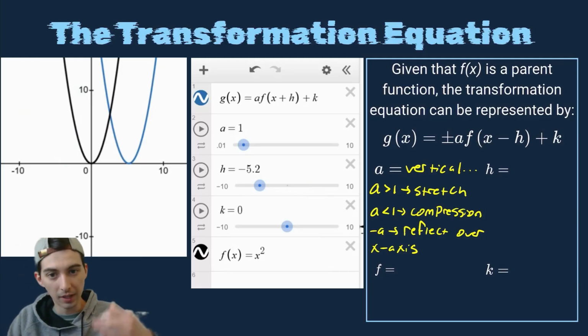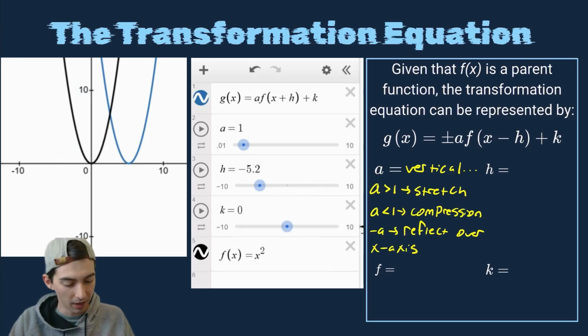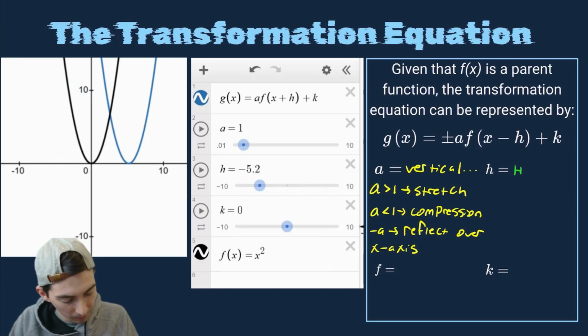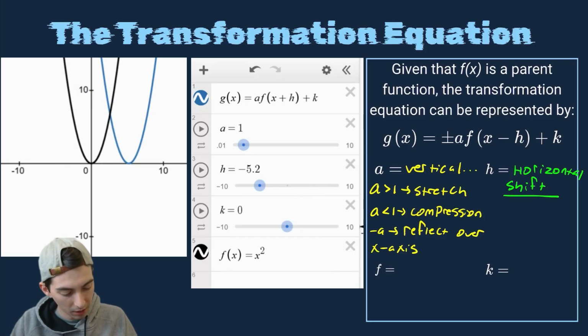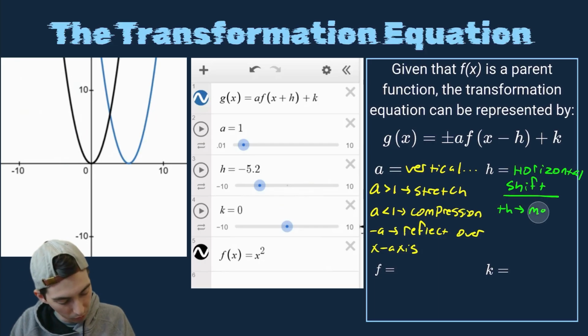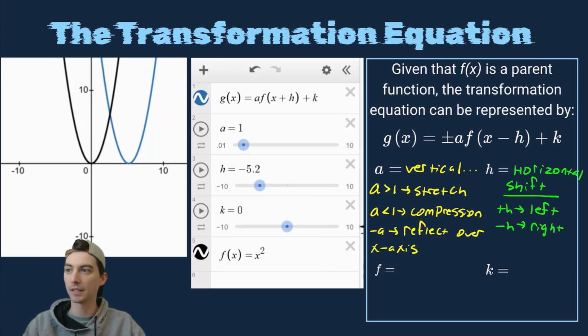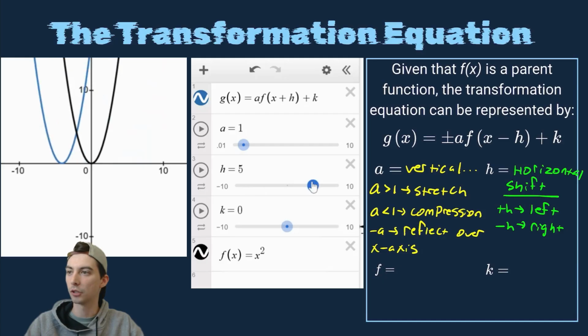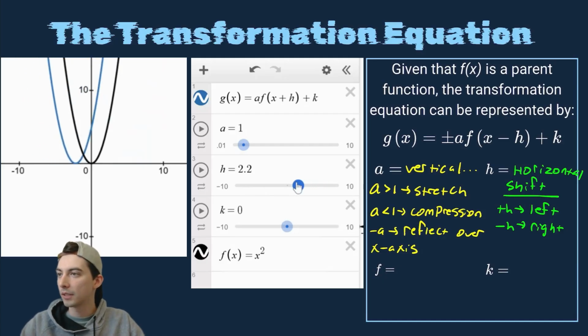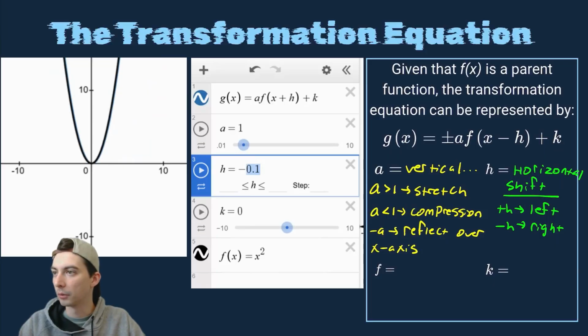So we're going to say that whatever h is doing, we want to do the opposite. So h is going to be our horizontal shift, and it does the opposite of whatever we think it should do. So a positive h is going to move left, and a negative h is going to move to the right. Okay, it's going to be backwards than whatever we think it should be. Let's set this back to 0.